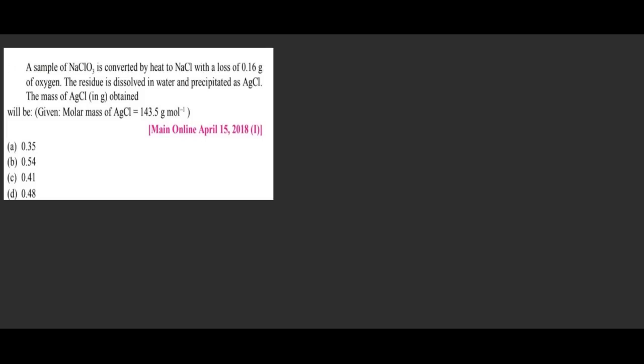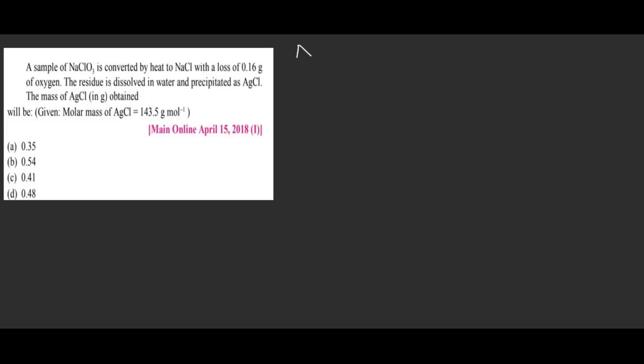The mass of AgCl obtained. So here we have to calculate the mass of AgCl, and mass of AgCl depends on the number of chloride ions furnished. That means whatever number of NaCl units are furnished, the same number of AgCl units will also be precipitated.